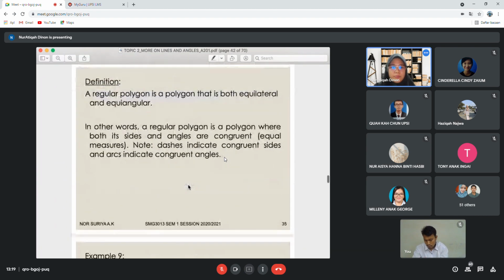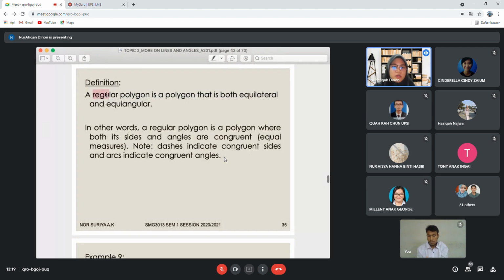Okay. Now let's look at the definition of a regular polygon. A regular polygon is a polygon that is both equilateral and equiangular. In other words, a regular polygon is a polygon where both its sides and angles are congruent, equal measure.